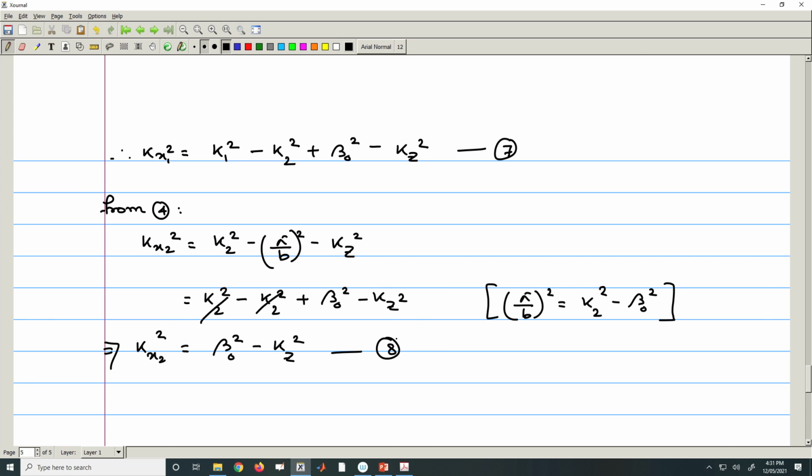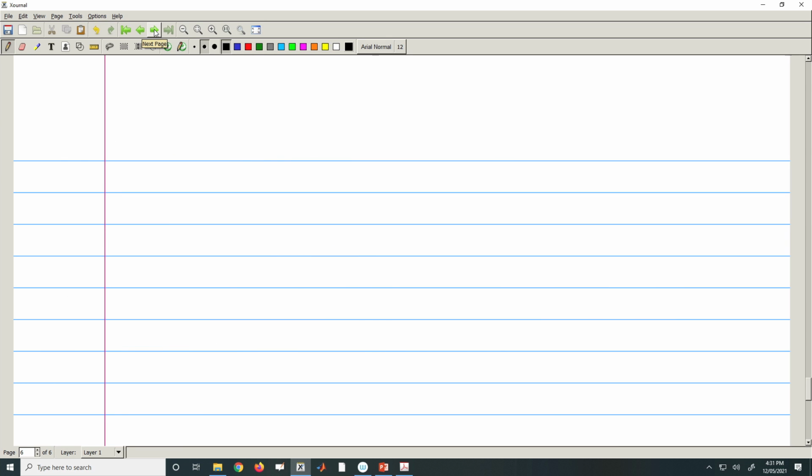Now, what we will do? We will substitute this k x 1 square value and k x 2 square value in place of f of k z comma d. f of k z comma d was k x 1 square d upon epsilon 1 plus k x 2 square a minus d upon epsilon 2.